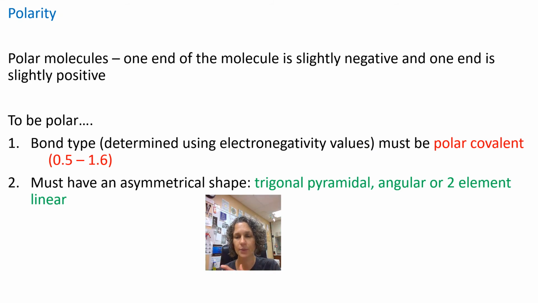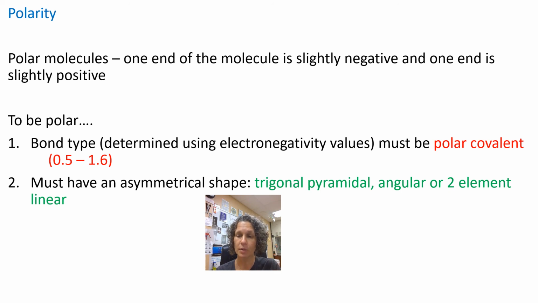Okay, so now the second characteristic that is important for molecules is polarity. Polar molecules are ones that have a slightly negative end and then a slightly positive end. There are 2 conditions for being polar. You have to have a bond type that is polar covalent, and you have to have an asymmetrical shape.